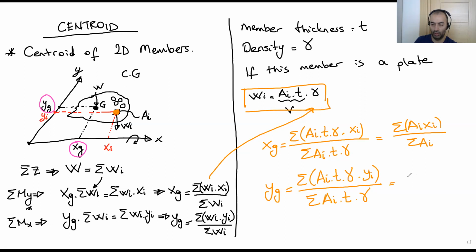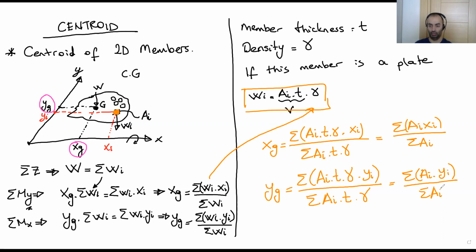It's the same for the y axis, ai times yi over total ai. So this is the equation for the surface members.